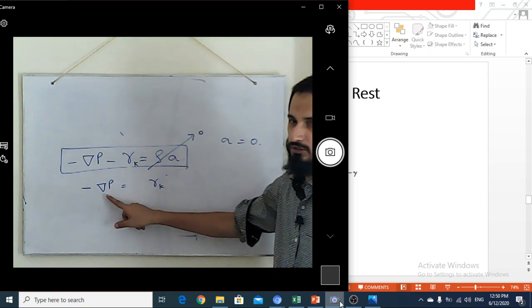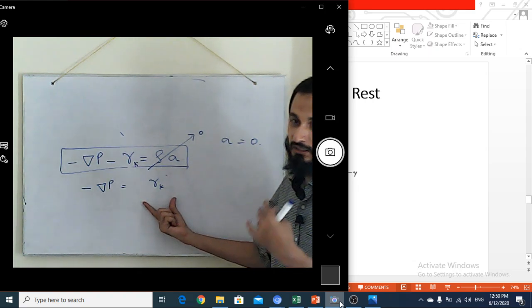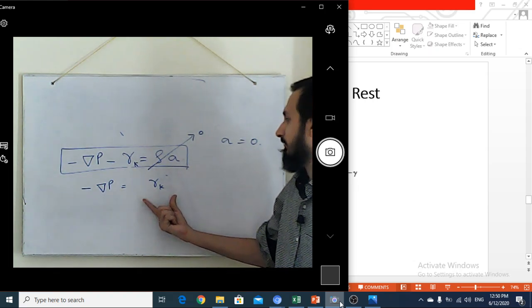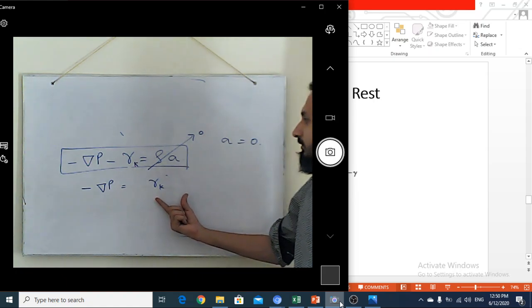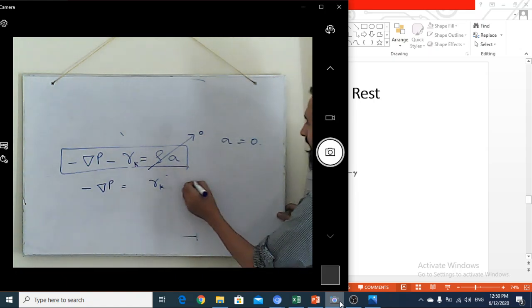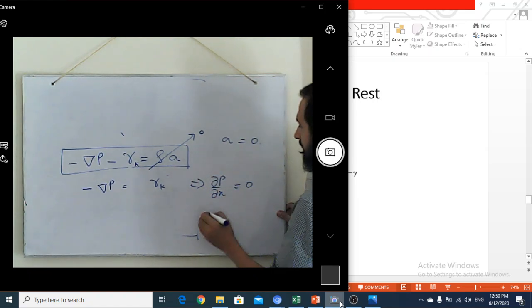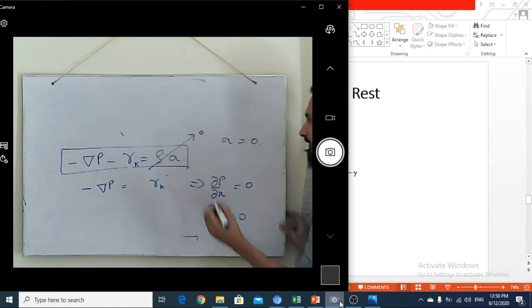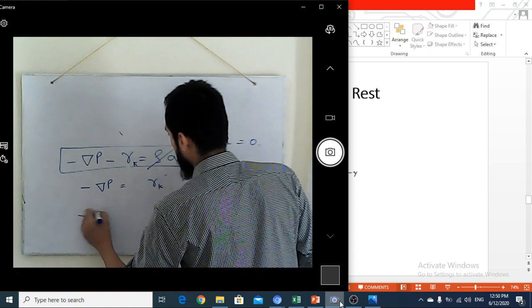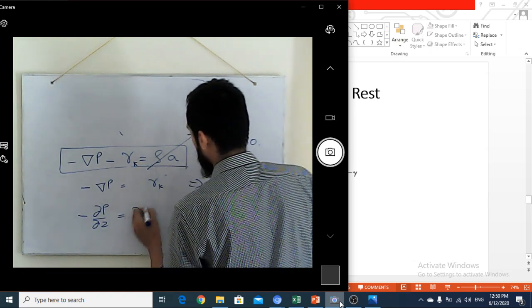So how is it possible that it is equal to a factor which has only a single direction like the k factor? So we can simplify that ∂p over ∂x is equals to 0, ∂p over ∂y is equals to 0, and minus ∂p over ∂z is equals to the specific weight.